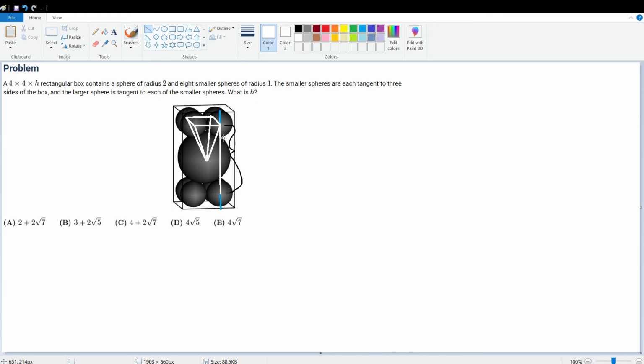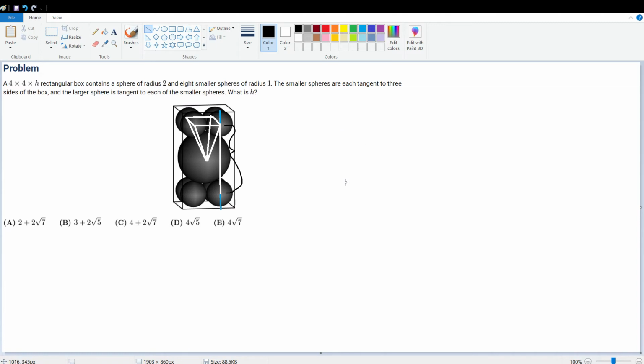Well, if we think about it, the height of this pyramid should end up being half of the height of this unknown length that I mentioned at the beginning of the problem. And the truth is, we know pretty much the length of every single edge of this pyramid, and that's just because we know that these spheres are all tangent to each other.